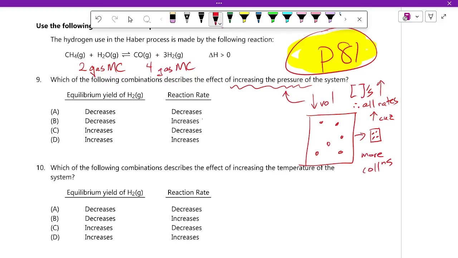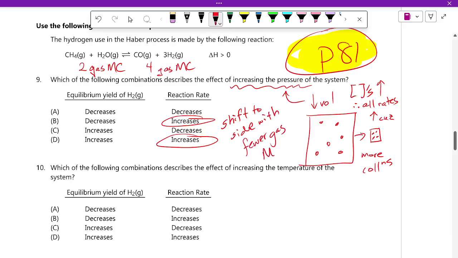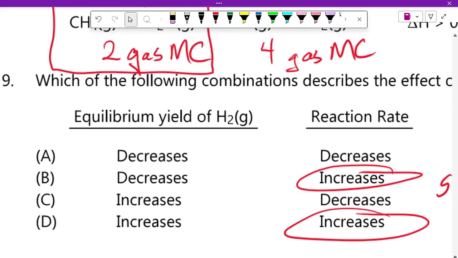Yeah, okay. So we're looking at our reaction rate increasing, so it's one of those two. And then we have to say, which way does this make it shift? If we are increasing the pressure, we are going to shift to the side with fewer gas molecules. And the side with fewer gas molecules is over here. And yield, do you guys remember what yield is?